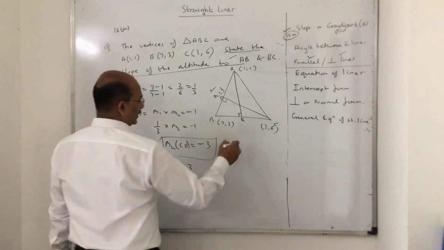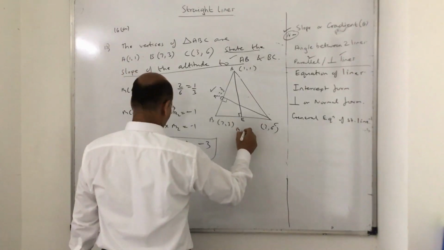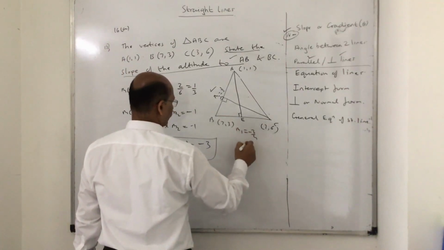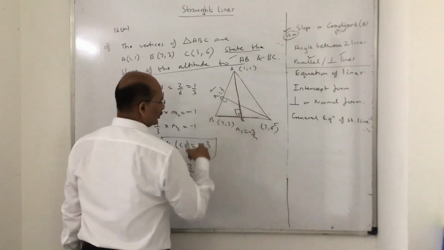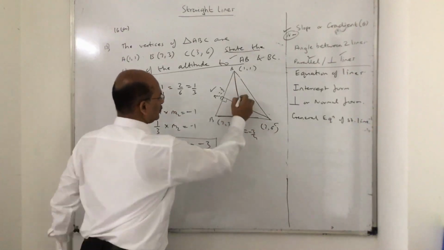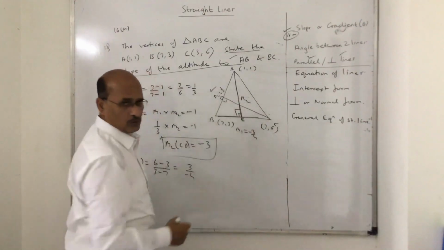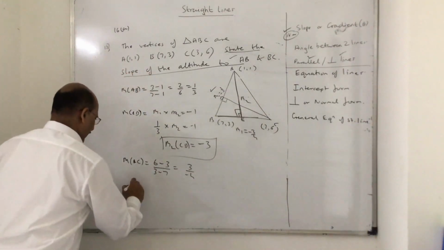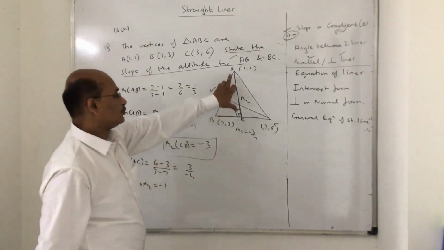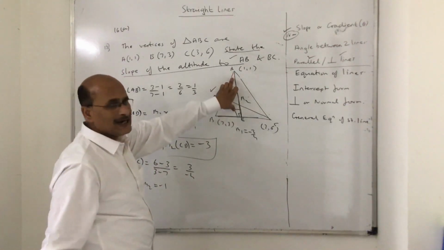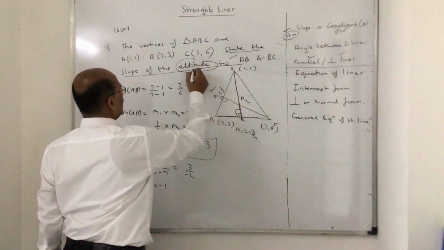Let me tell you, if I am considering m1 as 3 upon 4, this line and this line are perpendicular to each other. So m1 into m2 is equal to minus 1, and what we are supposed to find is the slope of the altitude. Remember, altitude means what?